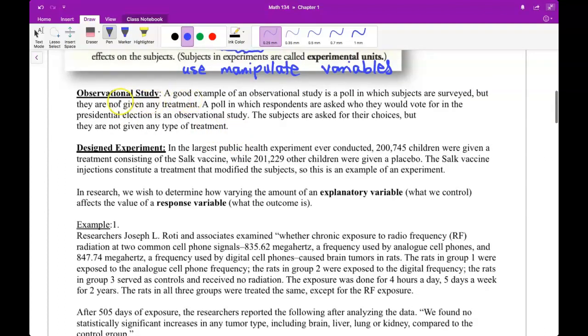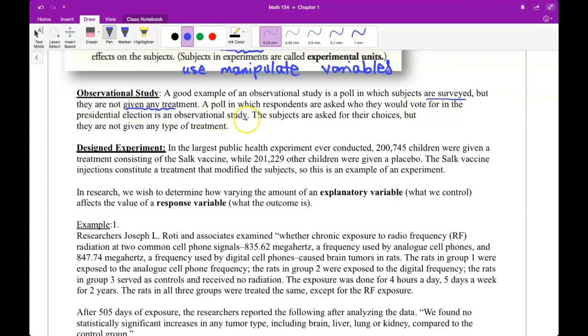Okay, here is an example for observational study. A good example of an observational study is a poll in which subjects are surveyed. So these were surveyed, but they're not given any treatment.